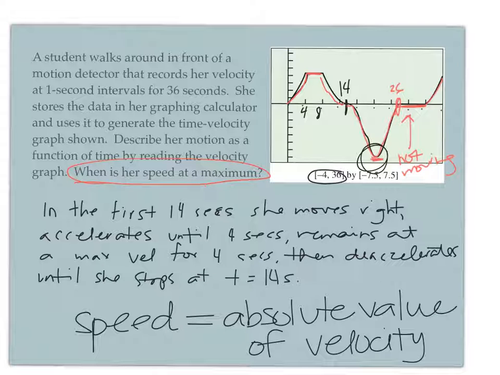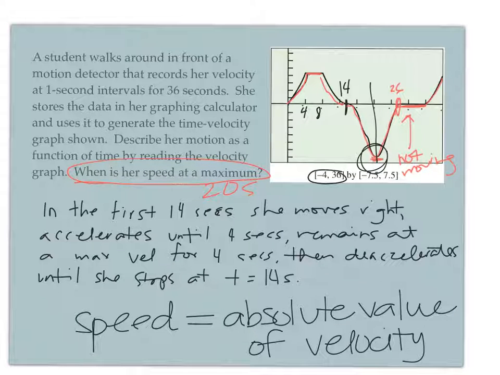It doesn't matter if it's positive or negative, your speed is always just positive. Speed is not a vector, so you just always make it positive. Here it would be either the lowest or the highest point. Since it gets lower than it gets high, it's that bottom point, which looks like 20 seconds. So 20 seconds is where the speed reaches the maximum.